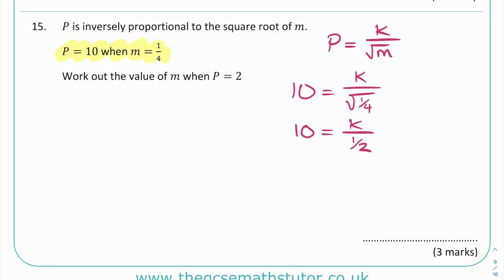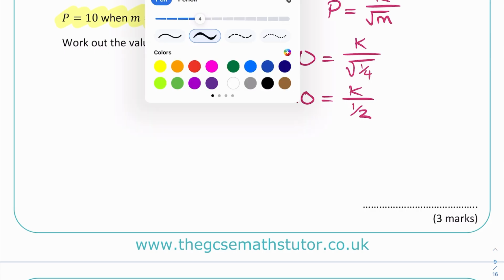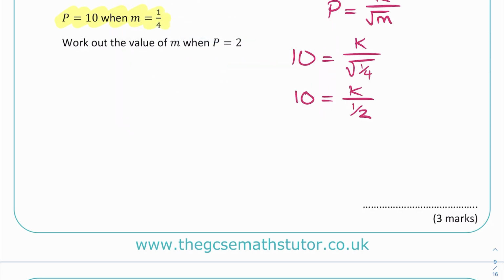It's a bit of a strange concept, divided by 1/2. We don't really like fractions within fractions. But anyway, to rearrange this, I just need to multiply both sides by that denominator. So I can multiply both sides by 1/2, and 10 multiplied by 1/2 is just going to be 5. So we get 5 equals k, or k equals 5.